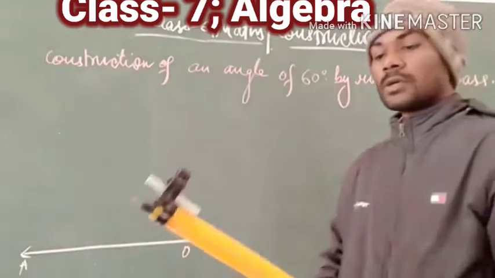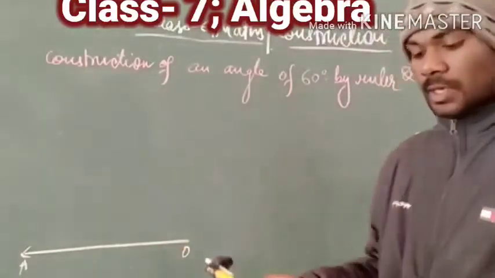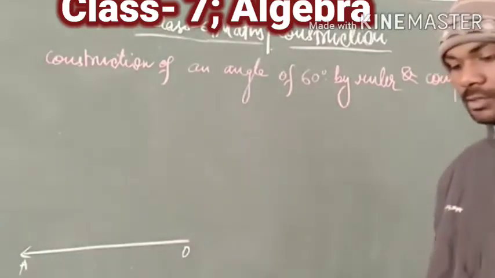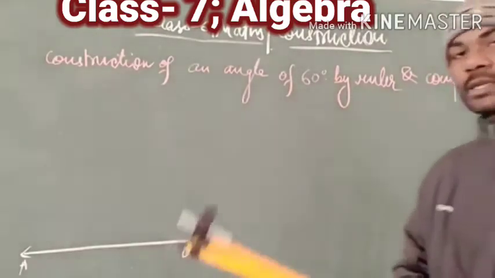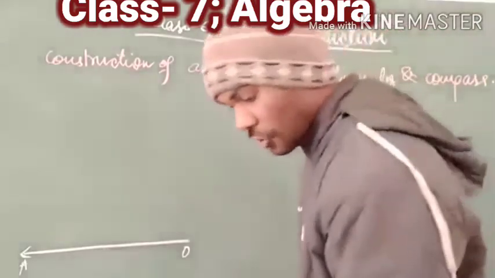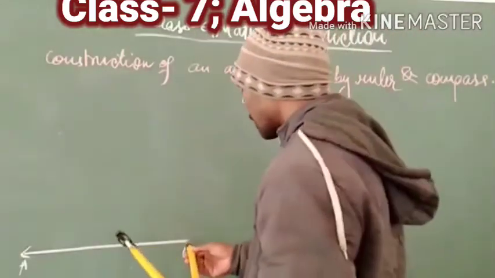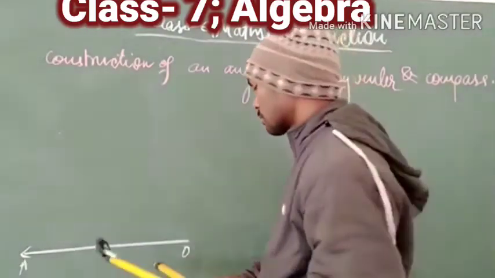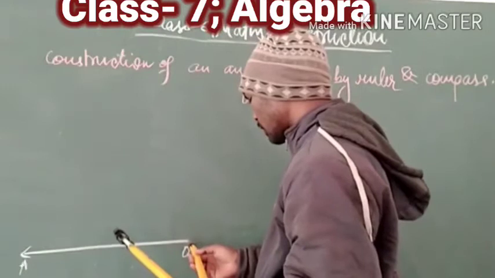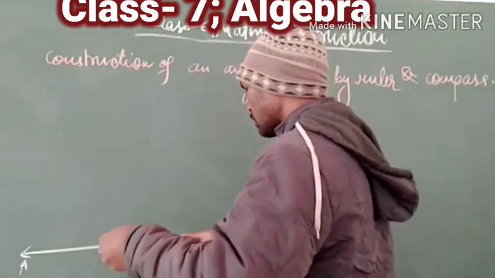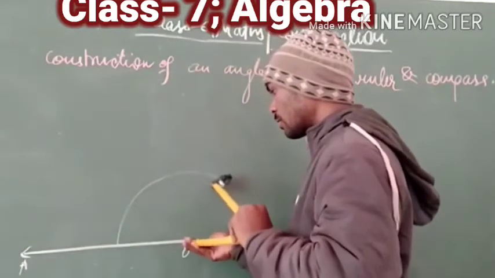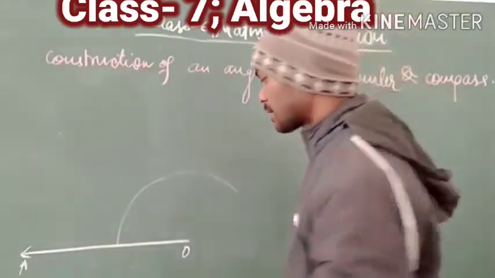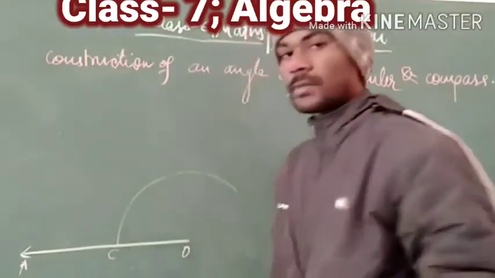Now the next, take your compass and with O as center and any convenient radius, draw an arc cutting OA at the point C.